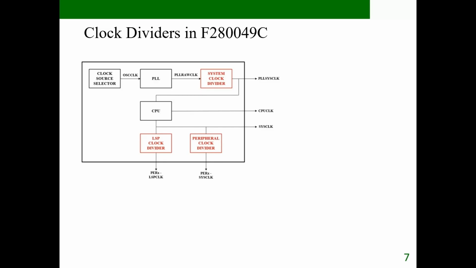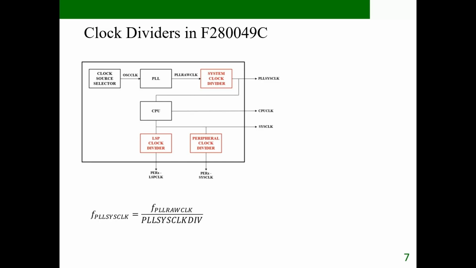This divider scales the PLL raw clock down to produce the system clock, which is the main system clock driving the CPU and many peripherals. On the F280049C, the system clock must always be 100 MHz or below, which is the maximum operating frequency of the device.